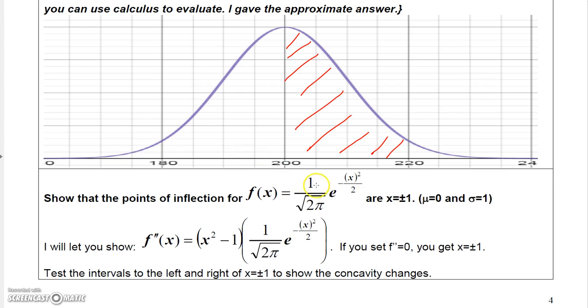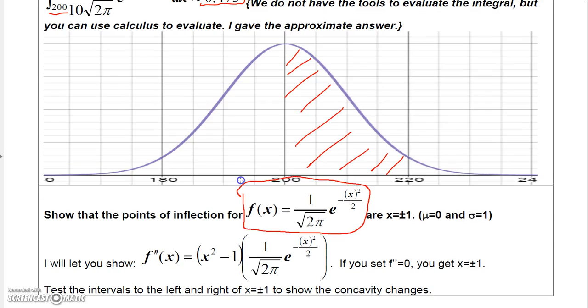Now, something that's interesting is if you took this function, which would be the formula for if the mean was 0 and the standard deviation was 1, you would get this function. Again, that's a negative.